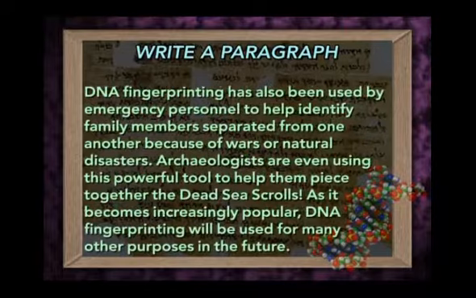DNA fingerprinting has also been used by emergency personnel to help identify family members separated from one another because of wars or natural disasters. Archaeologists are even using this powerful tool to help them piece together the Dead Sea Scrolls. As it becomes increasingly popular, DNA fingerprinting will be used for many other purposes in the future.